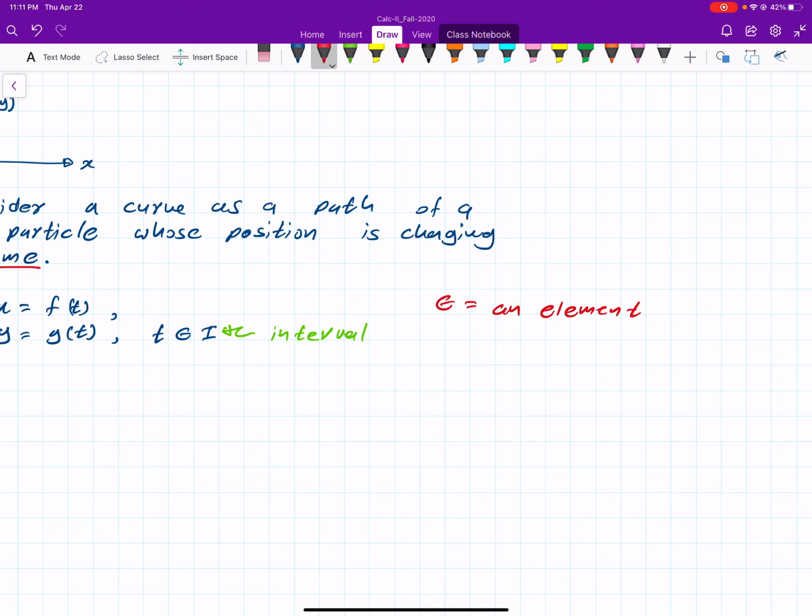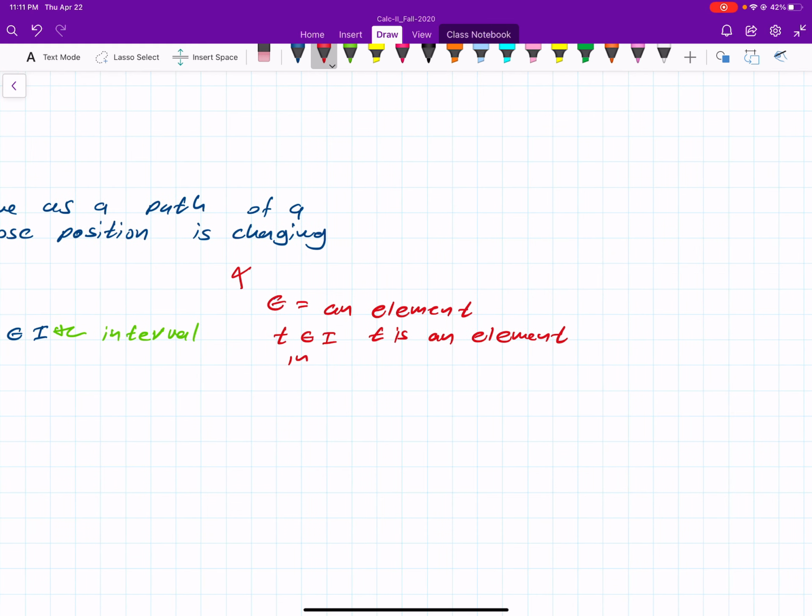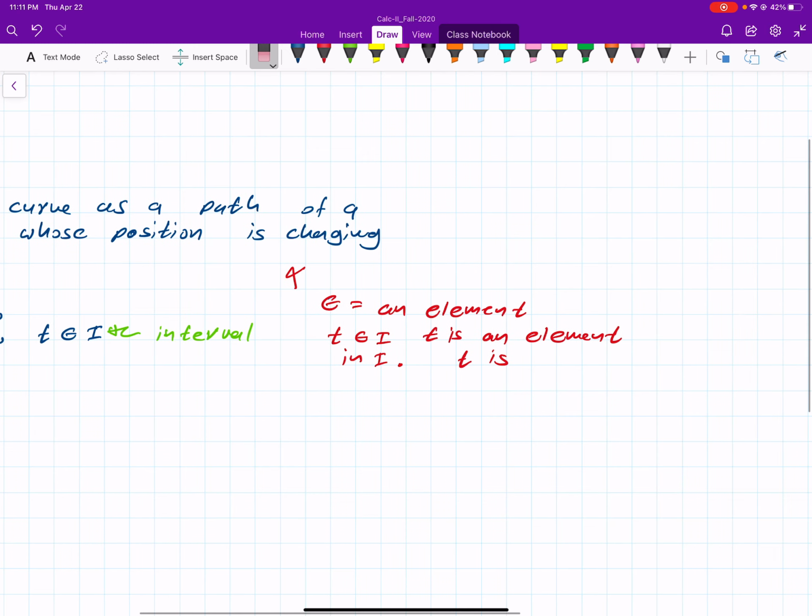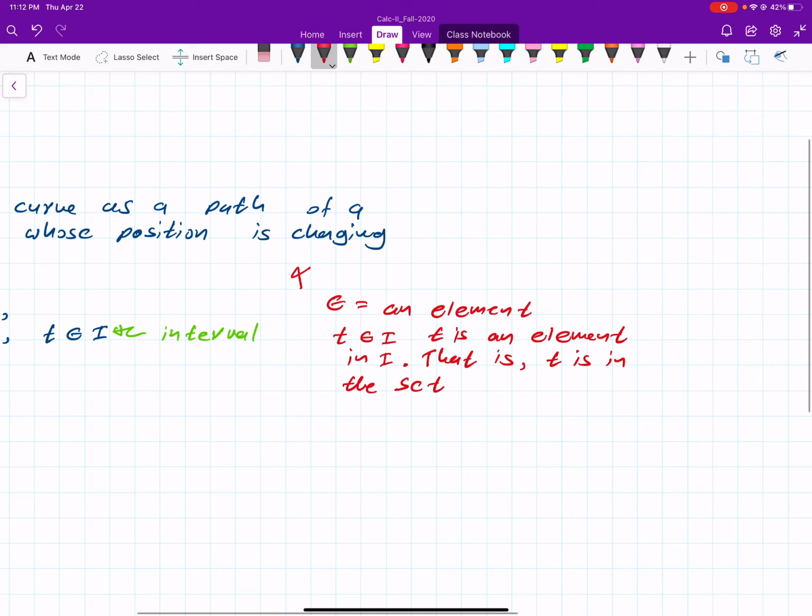If you write something like t in I, that means t is an element in I. In other words, t is in the set I.